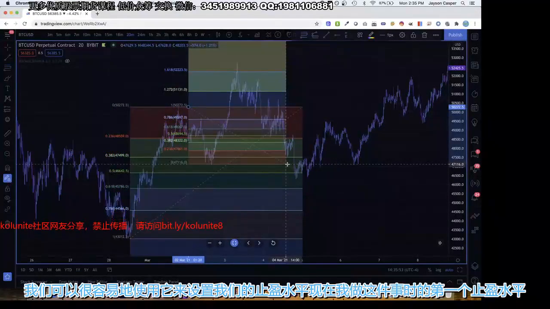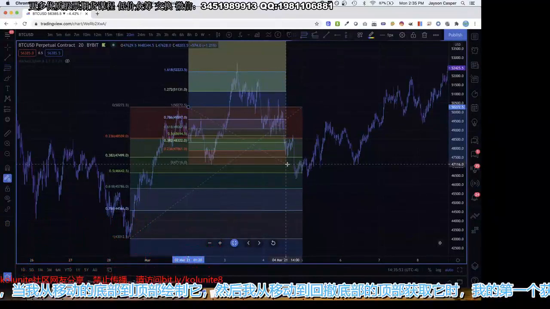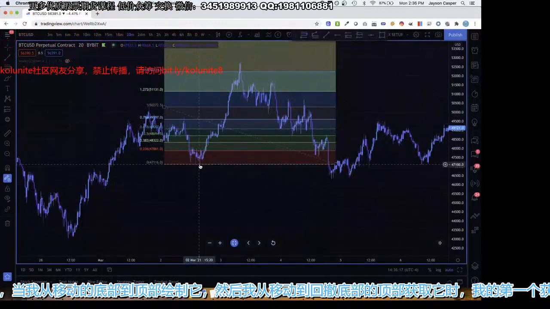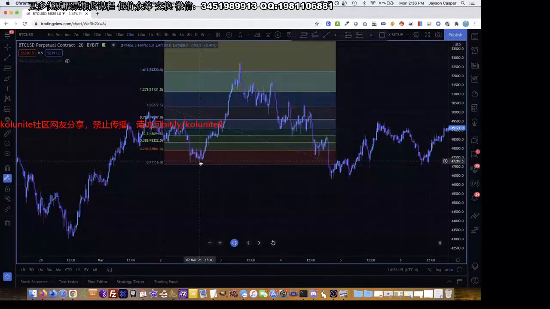Now my first take profit level, when I'm using the Fibonacci like this, drawing it from the bottom to the top of a move, and then taking it from the top of that move to the bottom of the retracement, is always going to be in between 0.382 and 0.5.